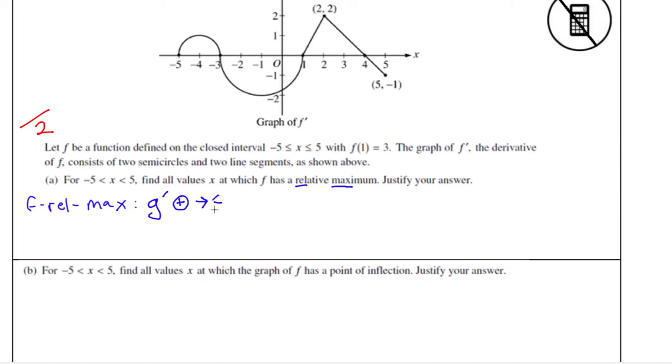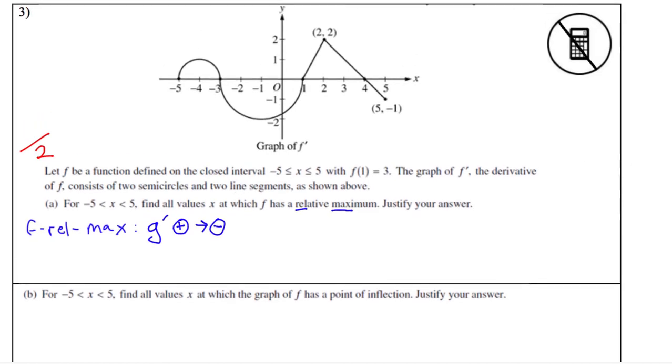There it is. So I'm looking for g prime. Oh, we don't have g prime in this case. We have just f prime. There's no accumulation integral. So f prime goes from a positive to a negative. What is f prime on this graph of f prime? Is that height, slope, or concavity? It is actually height, yeah.